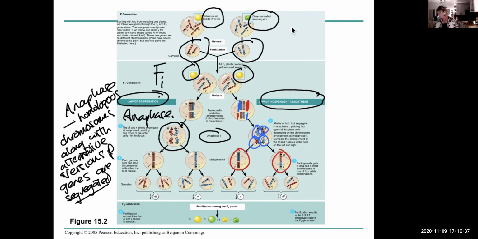The point being that when the chromosomes line up like this, and say this is a different one, they're lined up and they're going to go to either end of the cell. The side of the cell this one goes to is independent of the side of the cell this one goes to. So they're independent: the law of independent assortment.